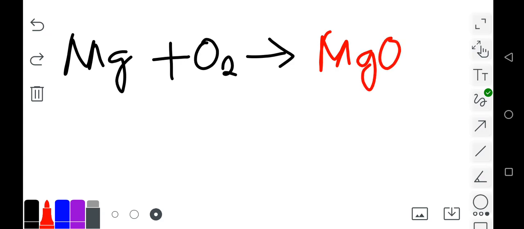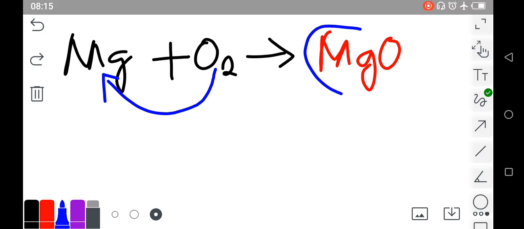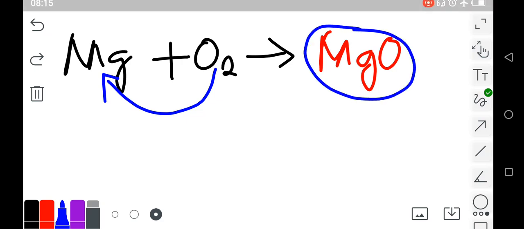Now, since we are saying that oxidation is addition of oxygen to a substance, you can clearly see that this oxygen has been added to this magnesium. So, magnesium has been oxidized to now form magnesium oxide.